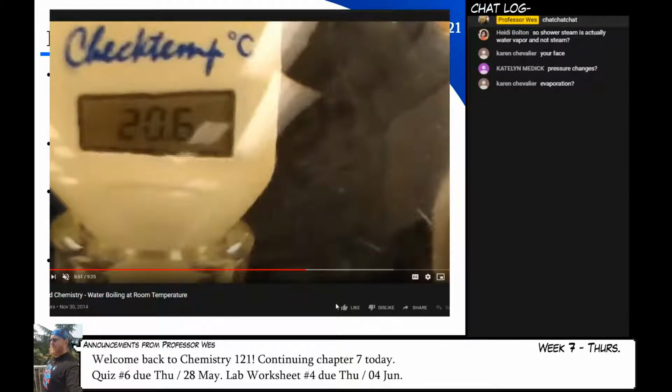So evaporation is what's happening, but why would the temperature go down when stuff is evaporating? I'm looking for a very specific word, and it does begin with E.